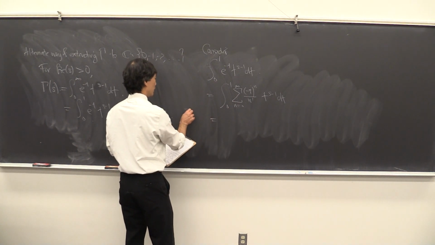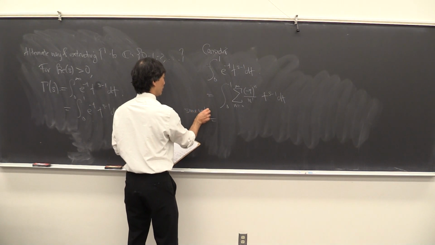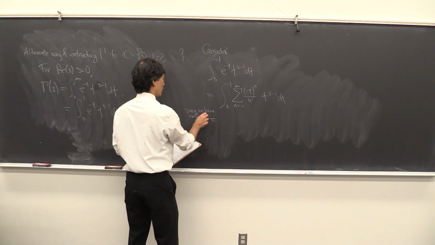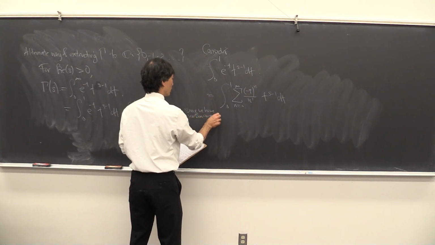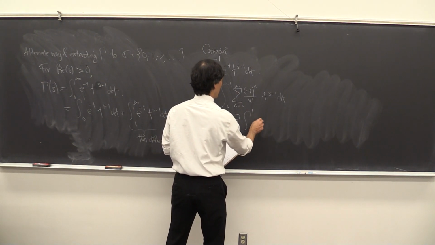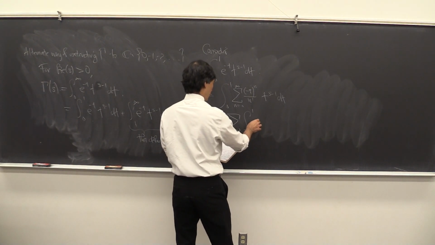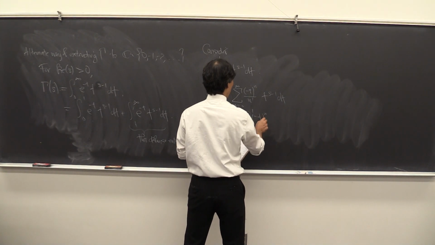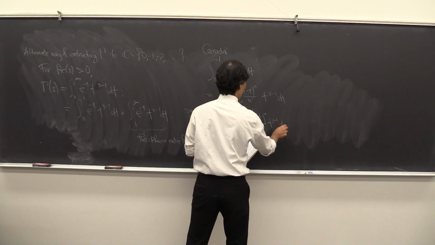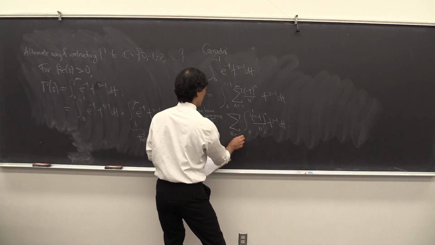Okay, so we pull the sum out. Since we have uniform convergence, we can pull the sum out, and we get negative t to the n over n factorial, t to the s minus 1 dt, n goes from 0 to infinity.